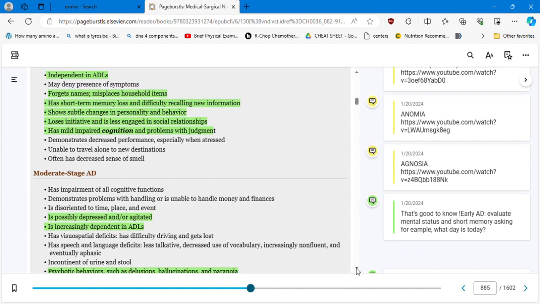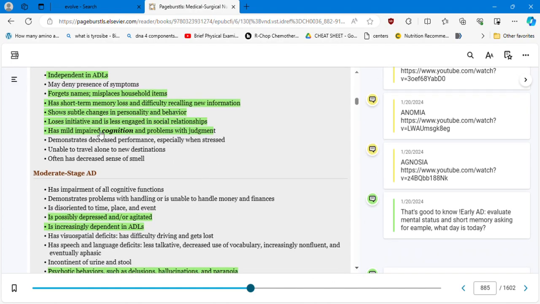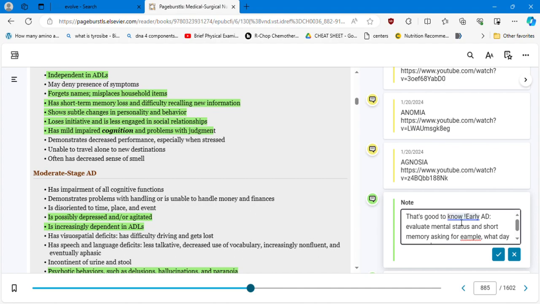So for example, the early stage has mild impaired cognition and problems with judgment, and that's good to know, because in early Alzheimer's disease, you need to evaluate the mental status and short memory, asking, for example, what day is today?